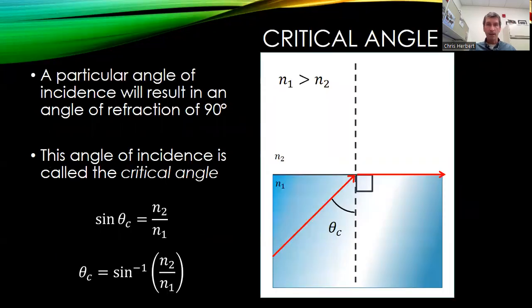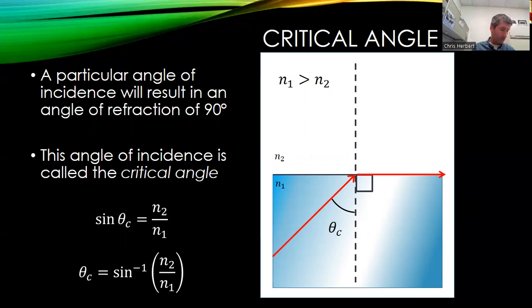Now, how do we calculate the critical angle? What we're really doing is we're setting, with Snell's law, the sine of the refracted ray angle to 90 degrees. We take the sine of 90 degrees, and that's going to give us 1.